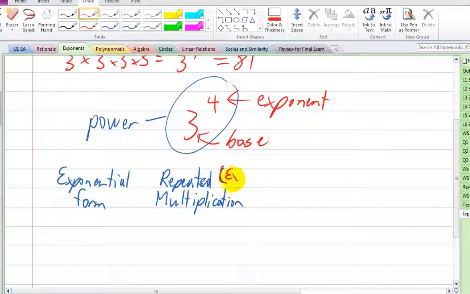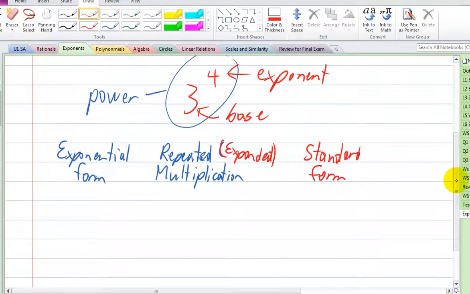Okay, and that's what they mean by expanded form, is repeated multiplication. And then you have standard form. Okay, so exponential form would be 5 exponent 2. Then repeated multiplication would be 5 times 5. Then standard form would be 25. You'd multiply them together. Okay.